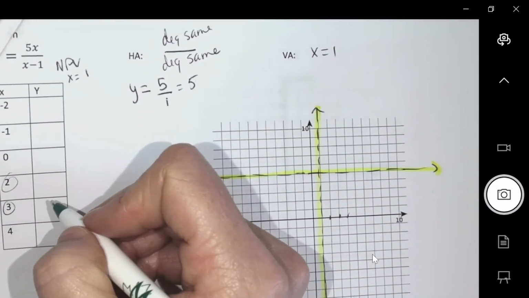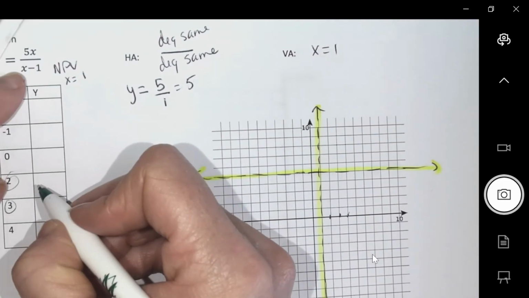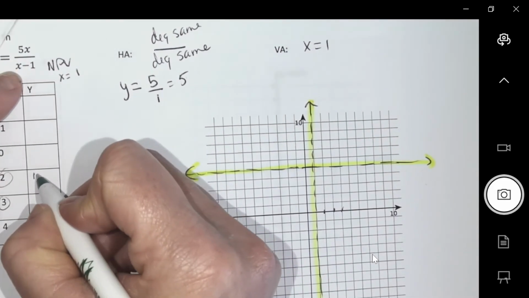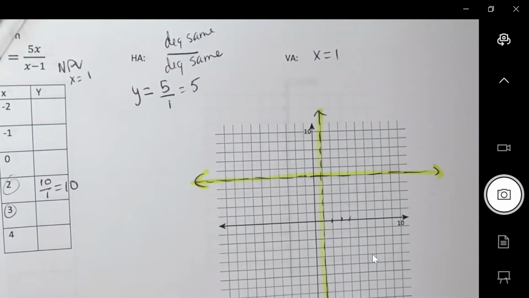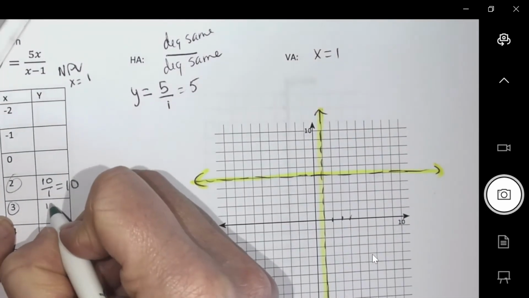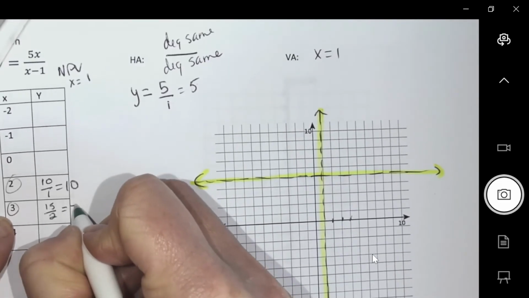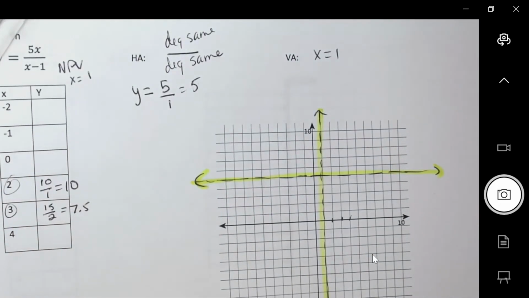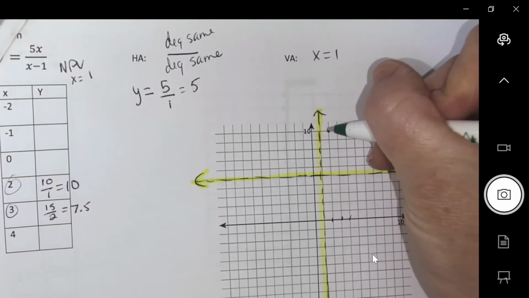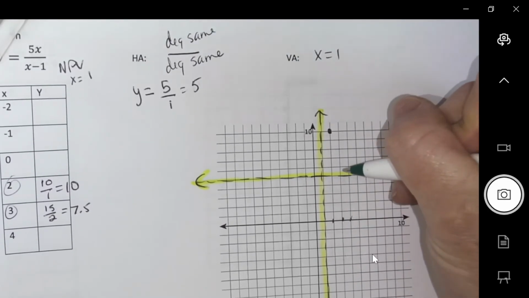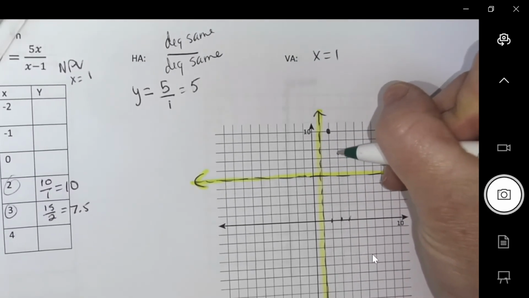Are you okay if I just do these fast? When I plug in a 2, I get 10 over 1, so 10. When I plug in a 3, I get 15 over 2, which is 7.5. Can you graph those? So 2 comma 10 and 3 comma 7.5.